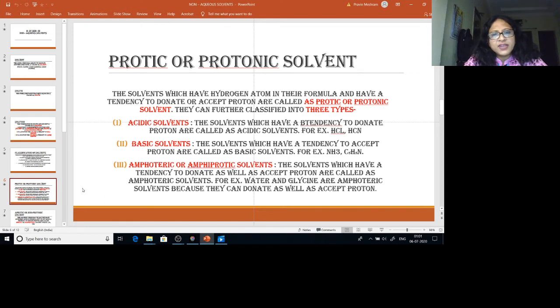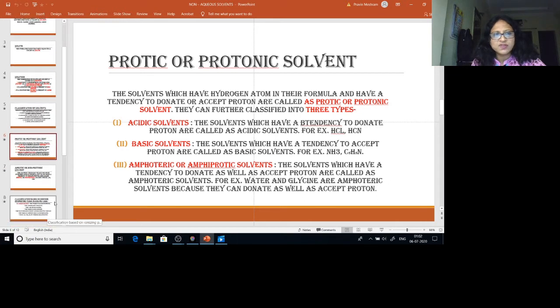Then amphoteric or amphiprotic solvents. The solvents which have a tendency to donate as well as accept protons are called amphoteric solvents. For example, water and glycerin are amphoteric solvents because they can donate as well as accept protons.